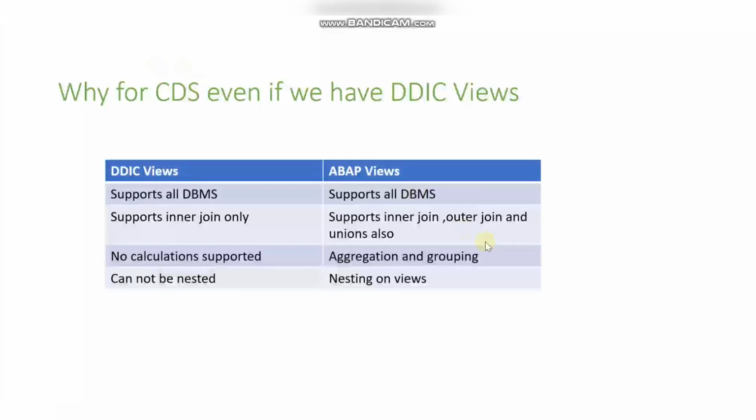We have the DDIC views available in our repository objects, but why are we going for CDS views? Because we have some differences noted here.